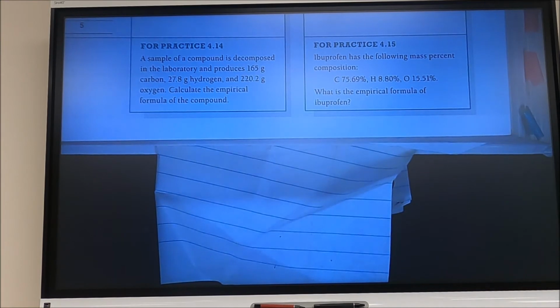Carbon, hydrogen, and oxygen combine to make a vast majority of compounds. So this time we're not given percentages, we're given grams, so we don't have to do that first step. Let's start working it through.